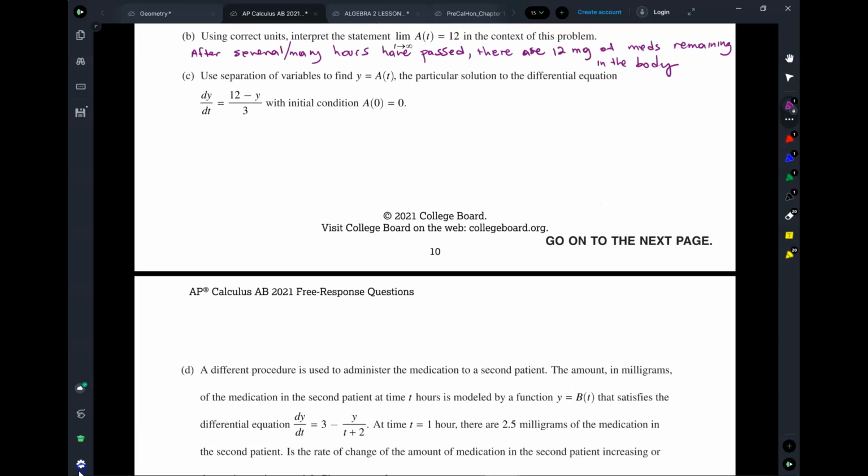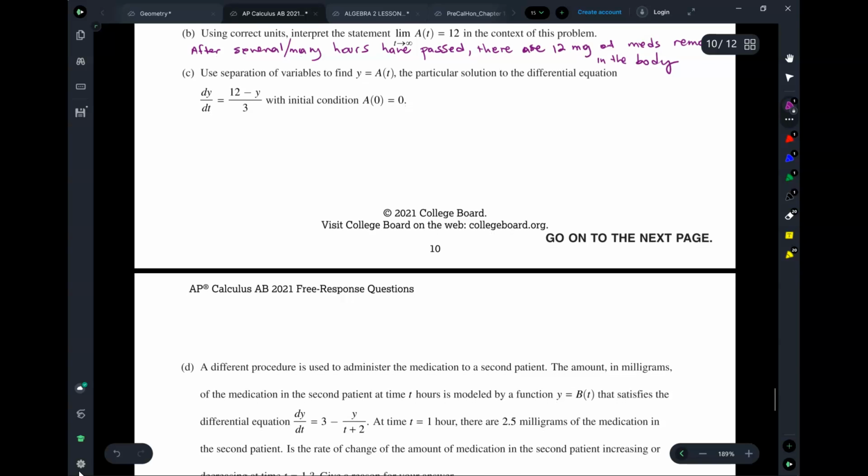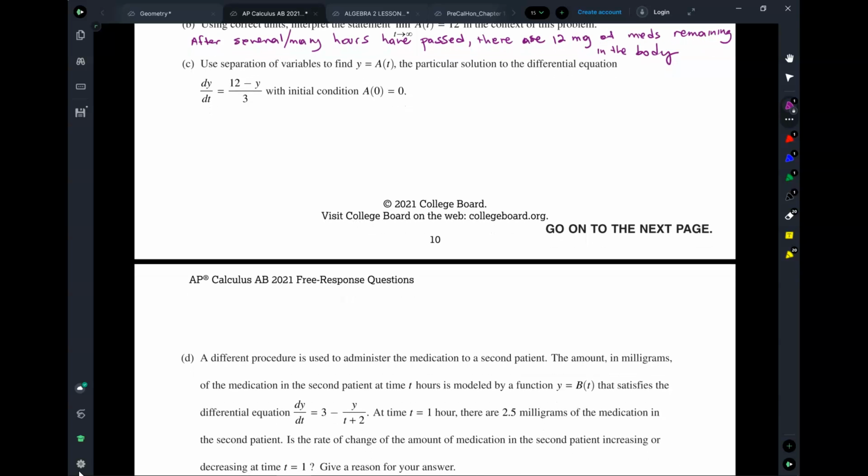Okay? Use separation of variables to find y, the particular solution at (0, 0). Okay? So, all right. So separation of variables. Here we go. Everything with the y has to go on this side, right? So we're going to divide by 12 minus y. So it's going to be 1 over (12 minus y) dy is equal to 1/3 dt.